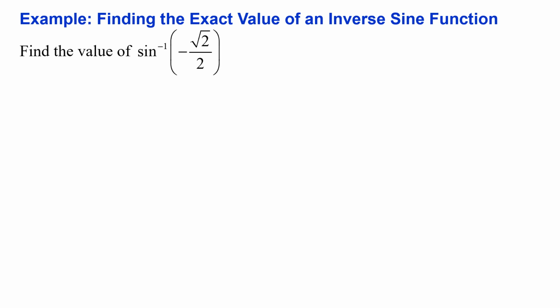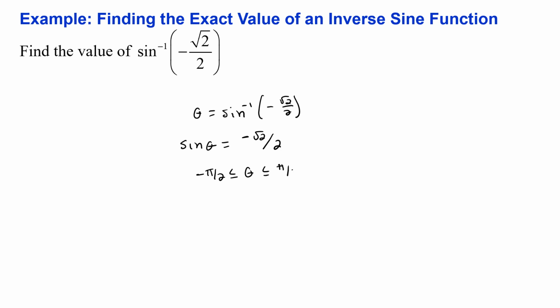In this example, we're going to be finding the exact value of an inverse sine function, and this problem states, find the value of inverse sine of the quantity -√2 divided by 2. If we let theta equal inverse sine of the quantity -√2 divided by 2, then sine of theta is equal to -√2 divided by 2 for -π/2 less than or equal to theta less than or equal to π/2.